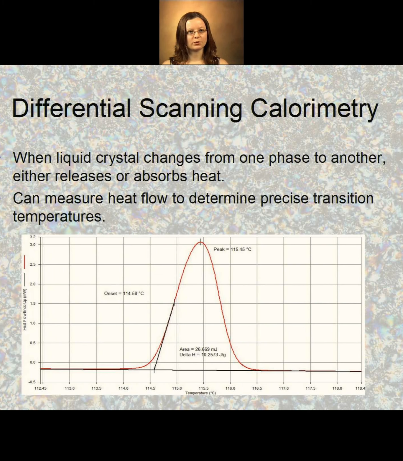Whenever the liquid crystal sample undergoes a phase change, it either releases or absorbs heat, thus creating a peak in the heat flow, and so we can determine exactly when a transition occurs. However, differential scanning calorimetry tells us nothing about what phase the material changes to or from, and so it must be used in conjunction with microscopy to put together a phase sequence.